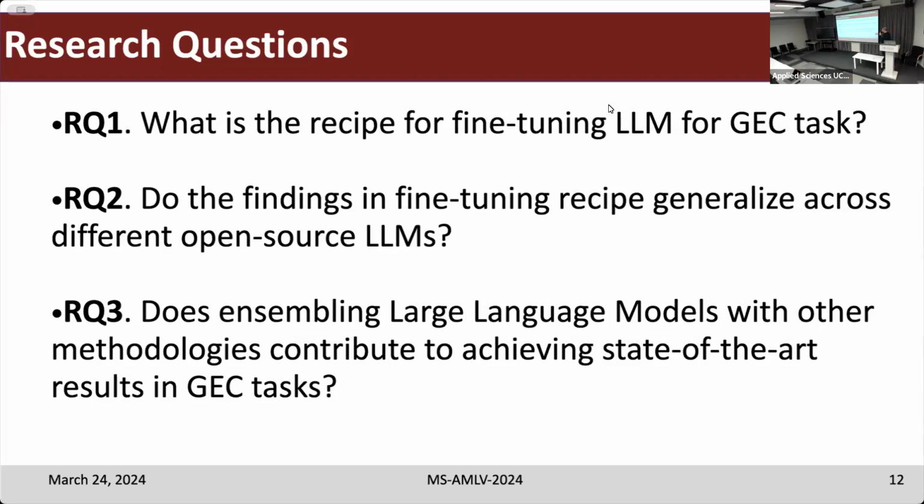Also, we would like to test if this recipe works as well for the open source models. And the last thing is to see how we can ensemble the large language models, because we also see some promising results from other fields, like chain of thought and other techniques, that can be used here to improve the performance.